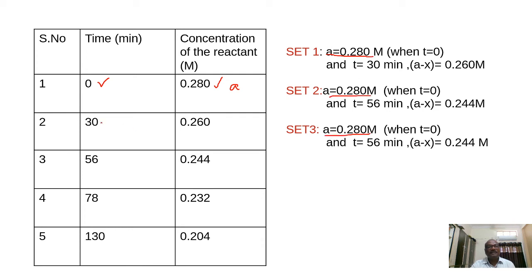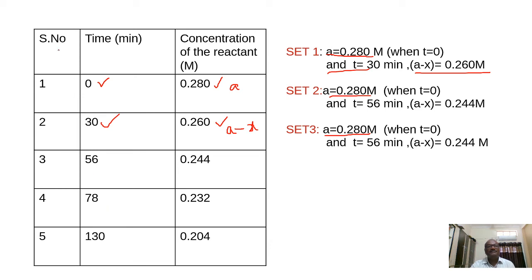When time is equal to 30 minutes, the concentration of reactant left over, a minus x, is 0.260. Like this we collect the data where time and concentration, a minus x, are recorded: a minus x at 30 minutes, at 56 minutes, at 78 minutes.